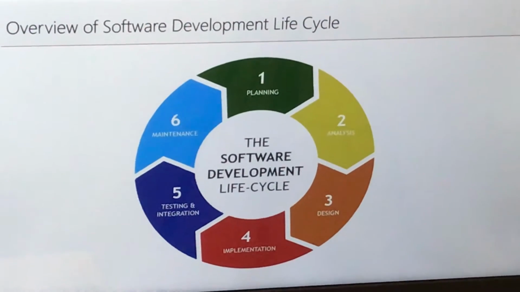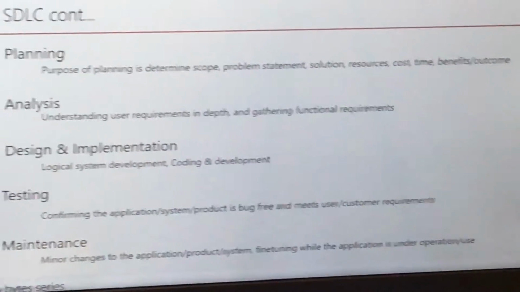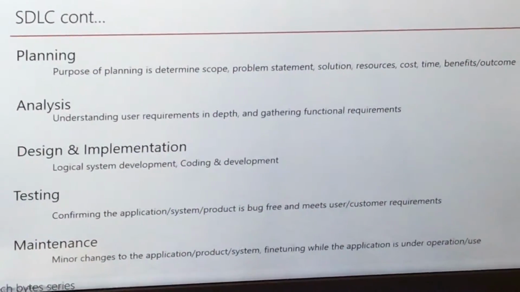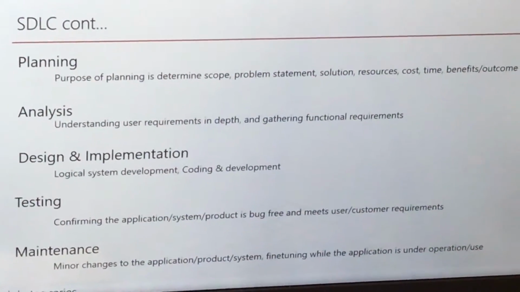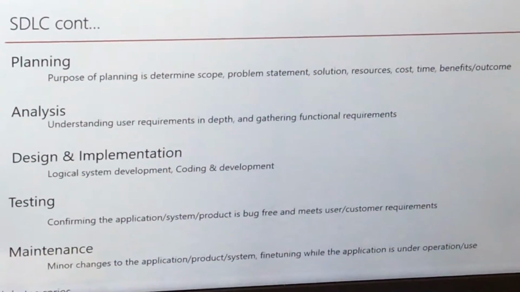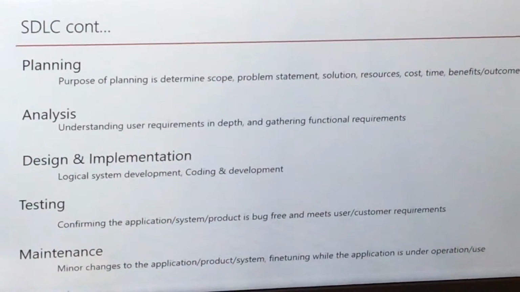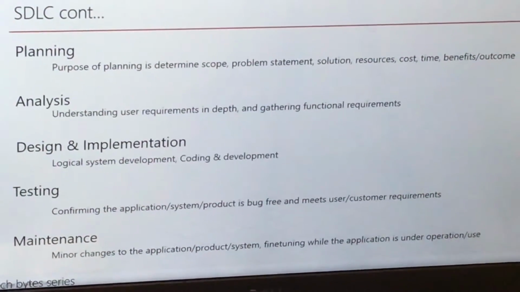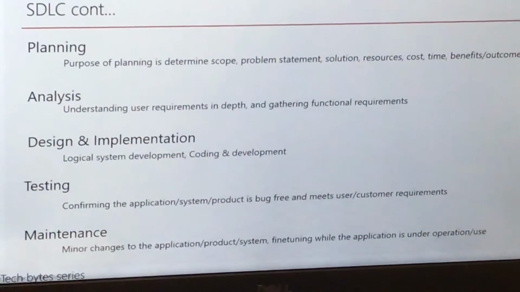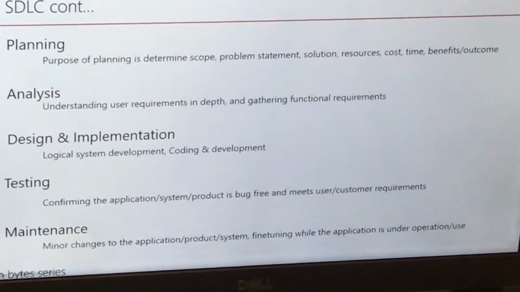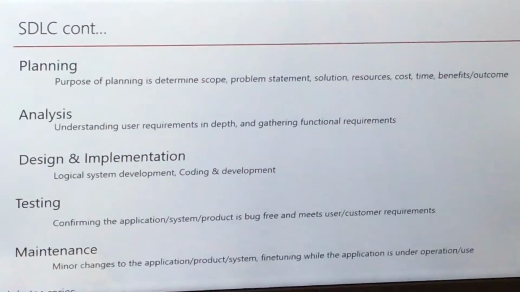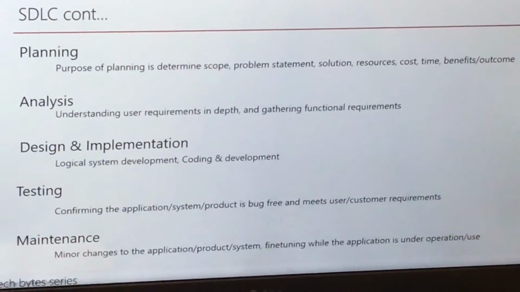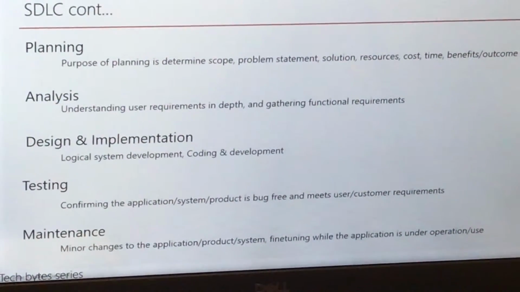Let's see what the planning phase is. In the planning phase, we determine the scope of the application, system, or product we are going to develop. If an existing system has to be enhanced, we identify the problem statement, or for a new system we identify the problem, and then we come to know what solution we need to apply.